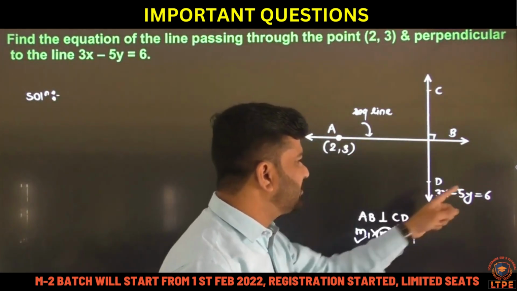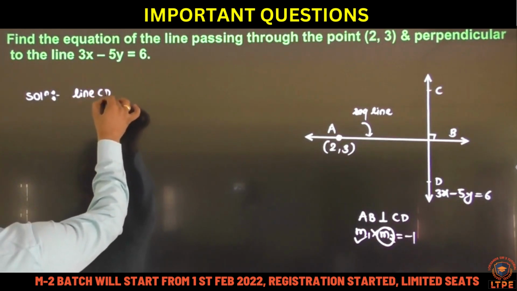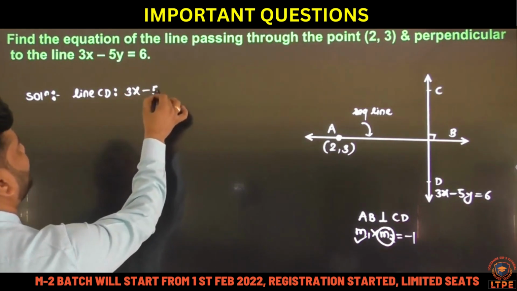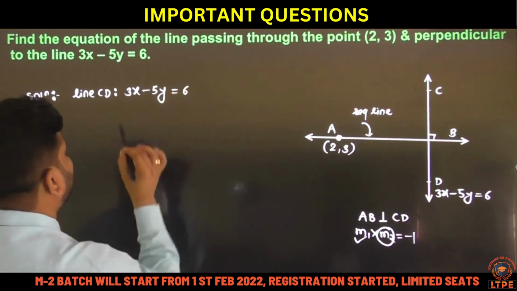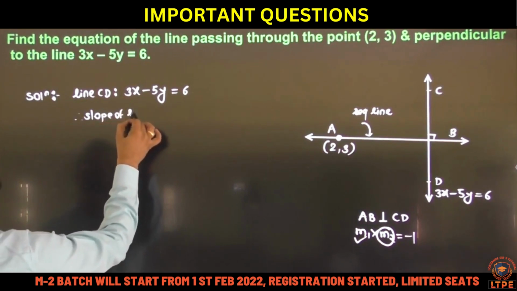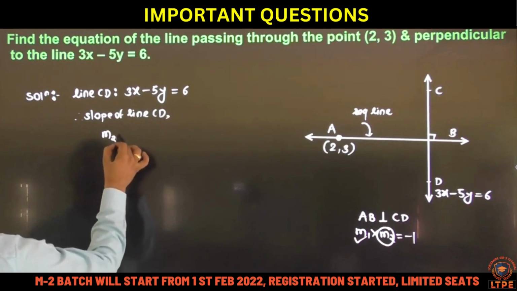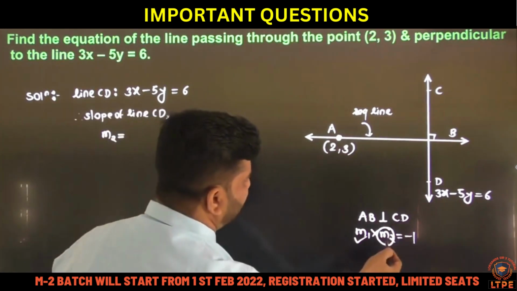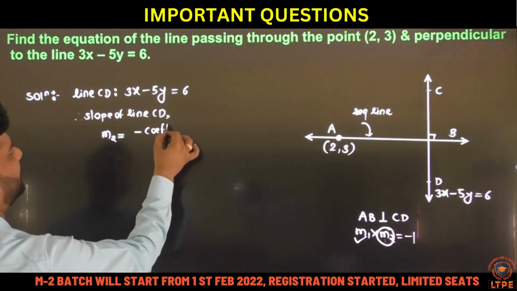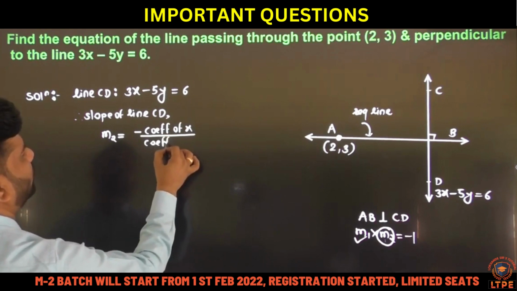The line CD is given to you: 3x minus 5y is equal to 6. Therefore, the slope of line CD, assumed to be M2, is equal to minus coefficient of x upon coefficient of y.